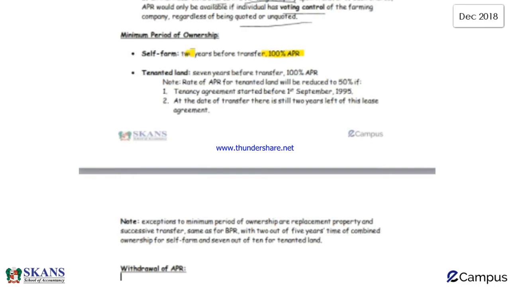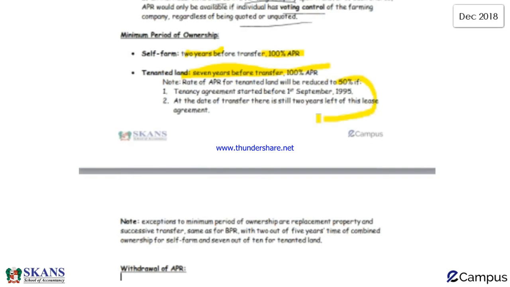As far as those clients who want to transfer their farms, which they do not farm themselves, rather they are tenanted, for them, make sure the minimum period of ownership is not 8 years. It is 7 years, but the percentage of APR, in the instance when tenanted land attracts 50% agricultural property relief, is when both of the following conditions are fulfilled. Well, they are quite unlikely to be. So you can say either tenanted or self-farmed, mostly the rate would remain 100%.